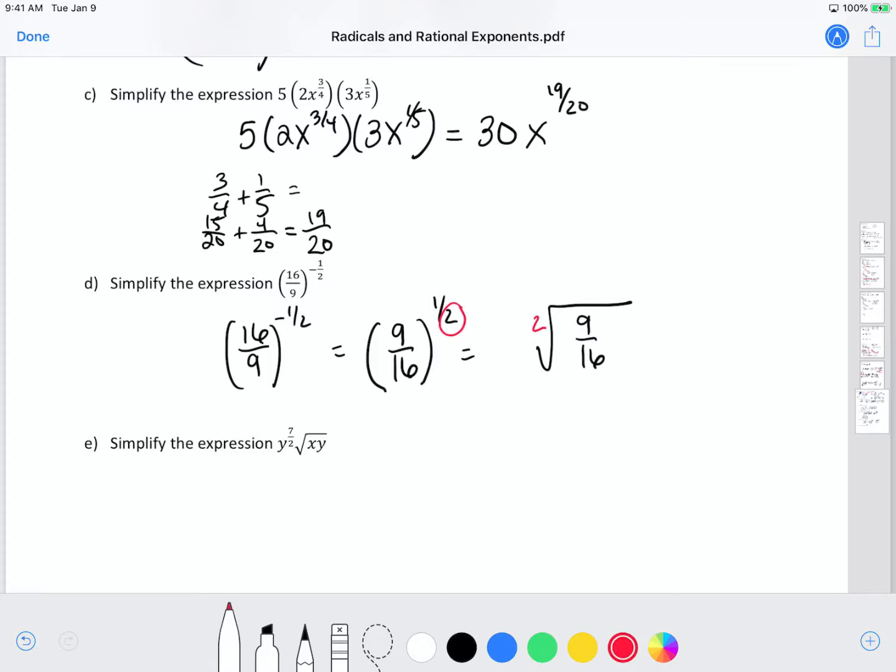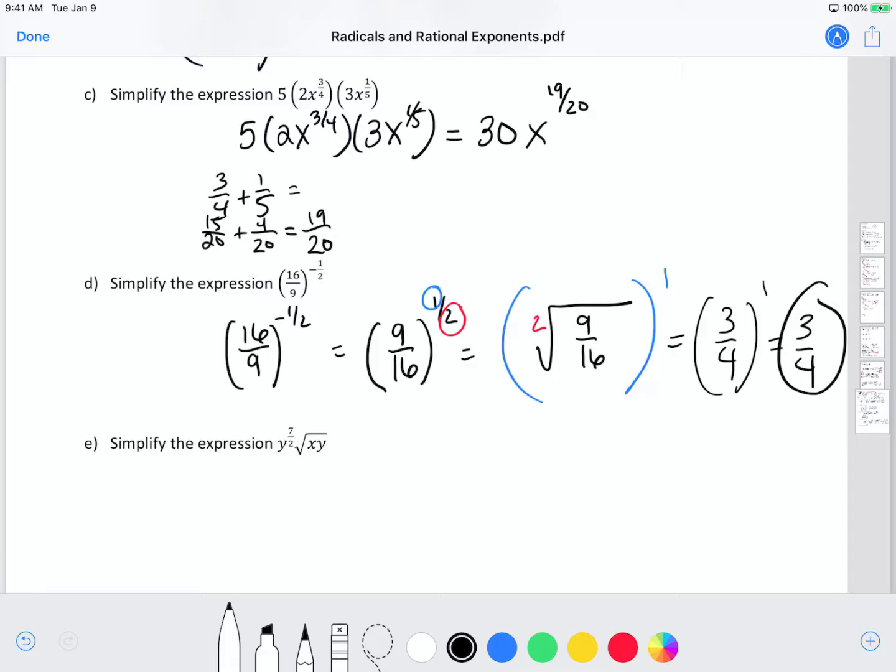The last example, we're going to simplify y to the 7/2 times the square root of xy by rewriting the square root of xy, because xy is raised to the first power on the inside of the root, and then the root itself is root 2, square root, so that goes in the denominator.